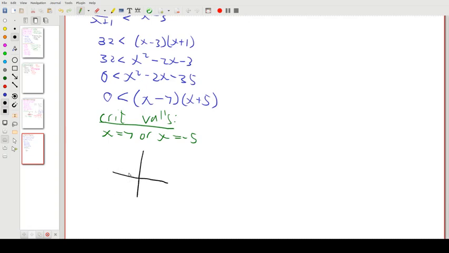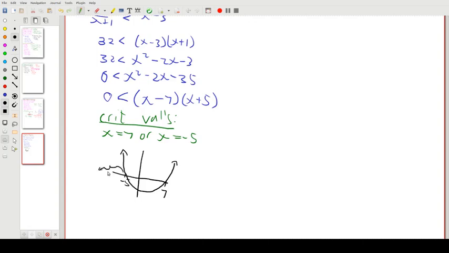And we'll have our values either negative 5 or 7. And this is a parabola, smiley face parabola, so there we go. And we want to know, where is this parabola above the x-axis? Where is this greater than 0? All the way left of negative 5.